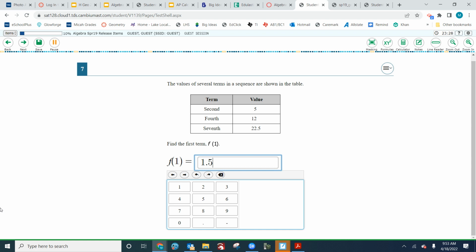That's an A. So the nth term, like the seventh term, the 10th term, whatever, is the first term plus the common difference, times n minus 1. All right. That's your formula for finding those.